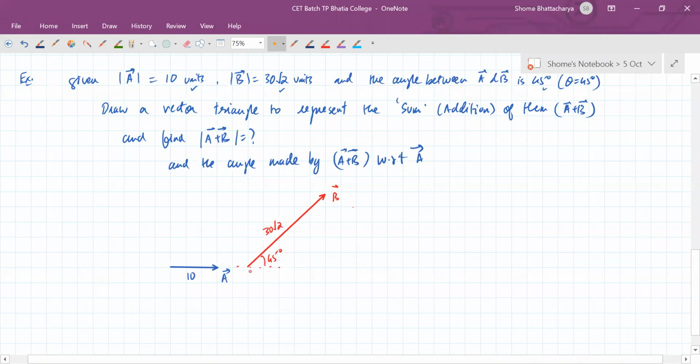Of course we could have made B here also, making an angle 45 in the opposite sense, but here just for convenience we have chosen it like this. So these are the vectors A and B.